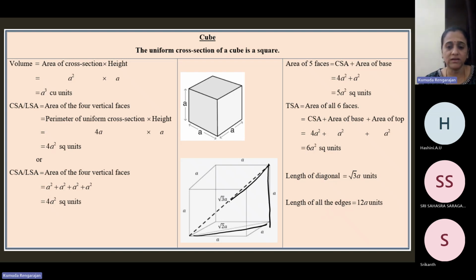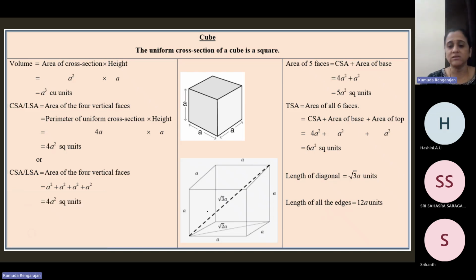One top corner to the opposite bottom corner is a diagonal. This is the diagonal of the square, which is root 2A. This is the edge of the cube, which is A. And when you apply Pythagoras theorem, you will get root 3A as the length of the diagonal of the cube. Of the square is root 2A. Of the cube is root 3A.